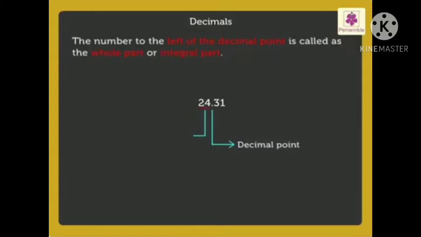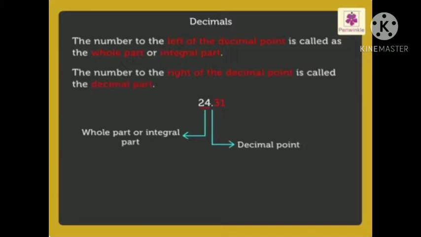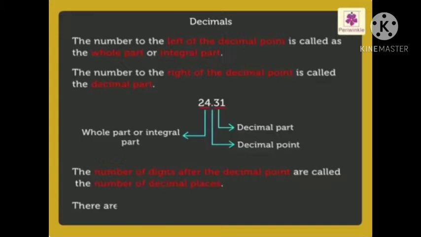Thus, the number 24 is the whole part or integral part. The number to the right of the decimal point is called the decimal part. So, 31 is the decimal part. The decimal point separates the integral part and the decimal part. The number of digits after the decimal point is called the number of decimal places. There are two decimal places in 24.31.